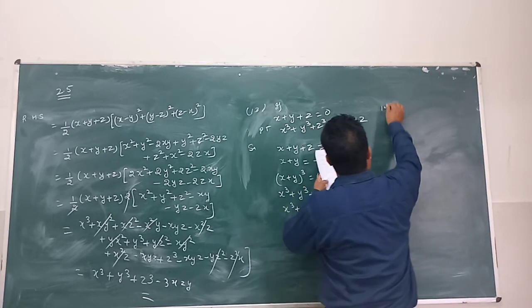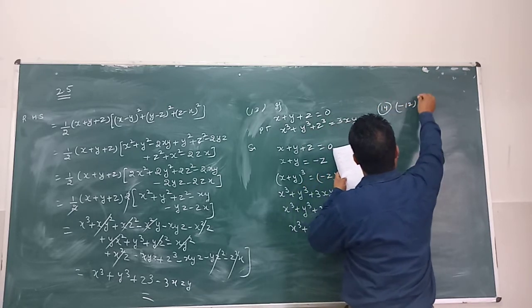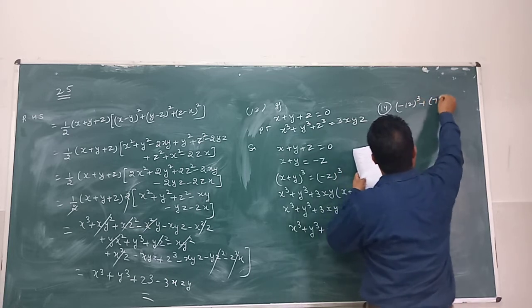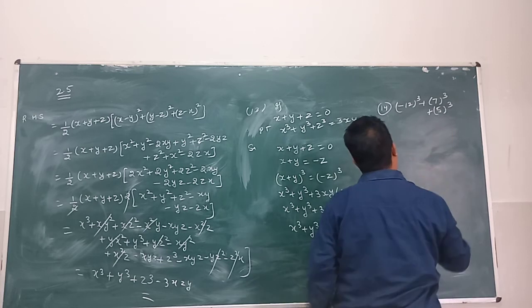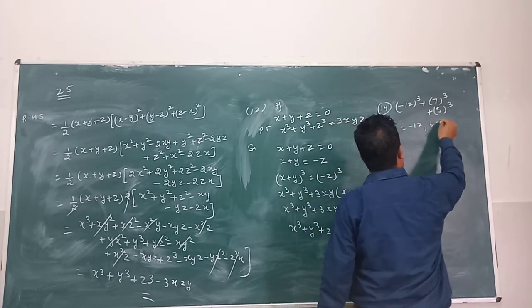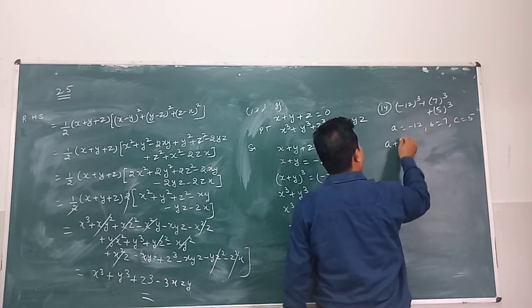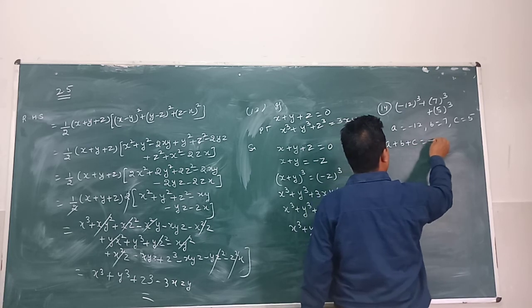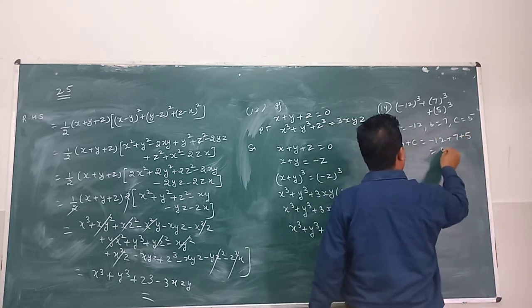In question number 14, the statement is evaluate (minus 12) cube plus 7 cube plus 5 cube without actual calculations. So here we take a as minus 12, b is 7, c is 5. When we add these three, a plus b plus c, minus 12 plus 7 plus 5, it's 0.